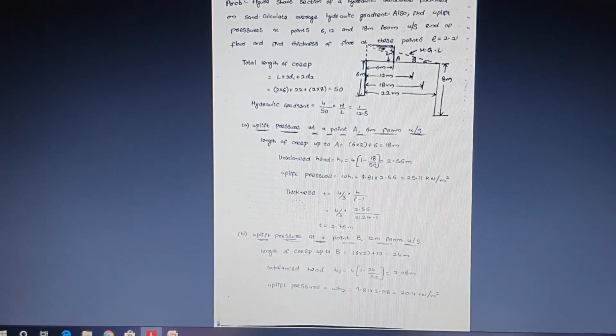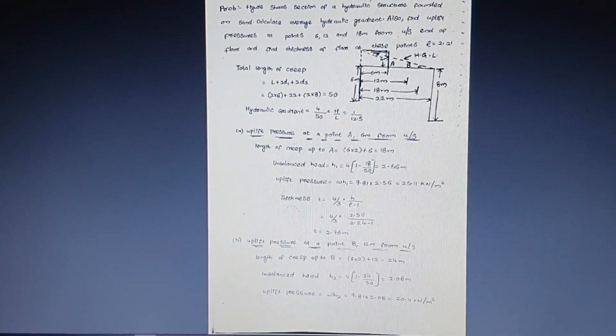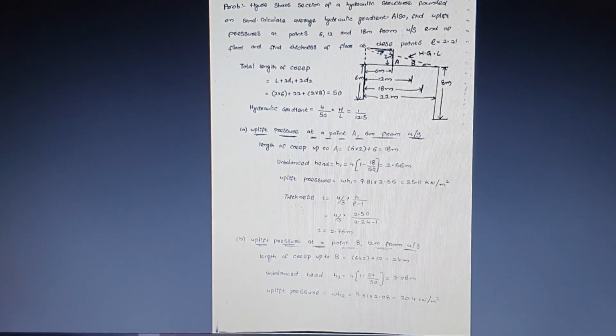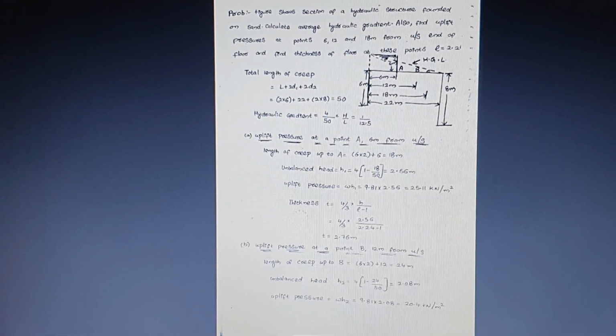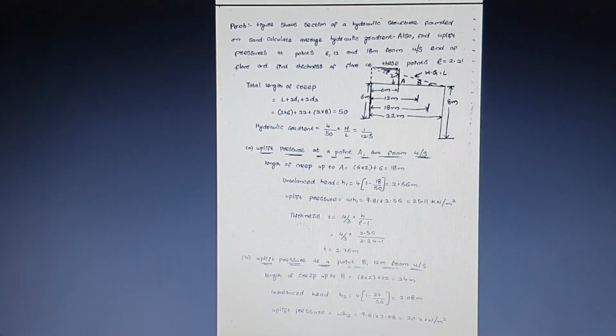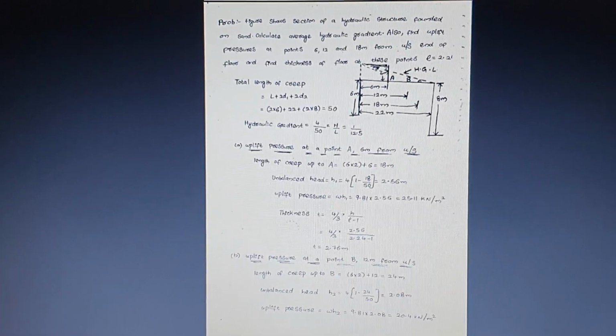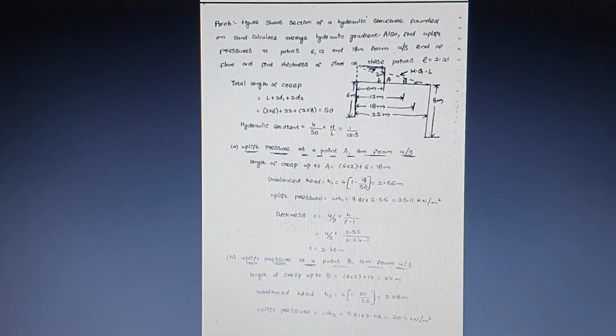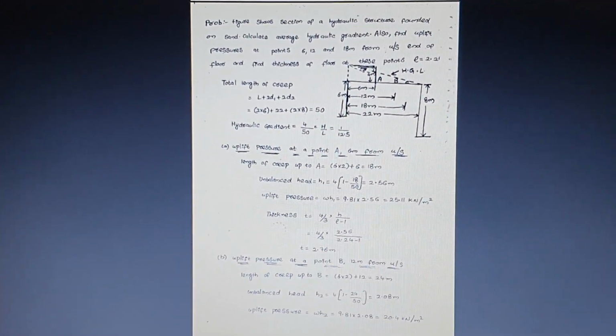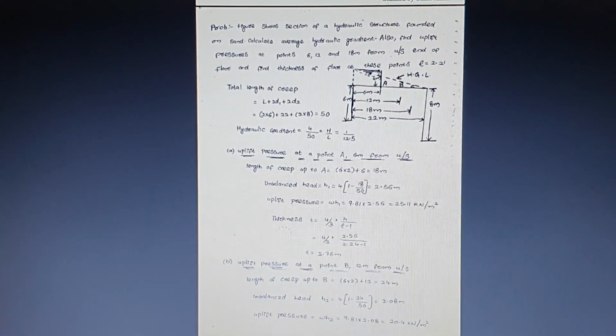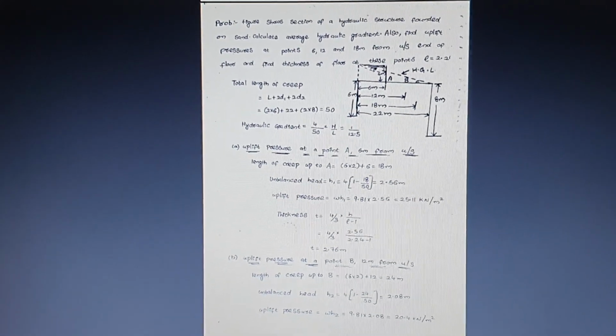Calculate the average hydraulic gradient and also calculate uplift pressures at points 6 meters from the start, which is A, 12 meters up to B, and 18 meters up to C, with total length considered as 22 meters. And find the thickness of the floor by considering the rho value as 2.21.